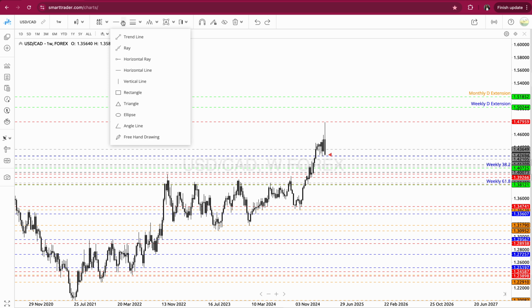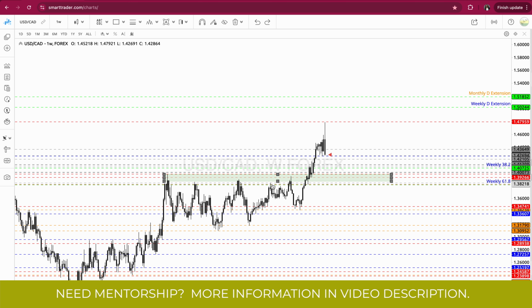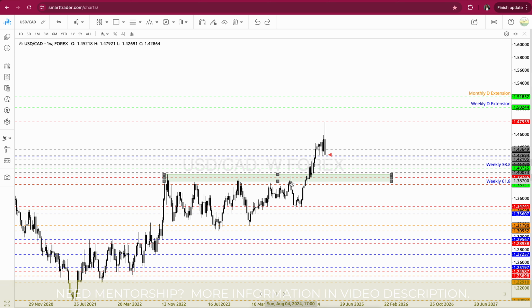So when I look back at this chart, I see that right in here, price proved to be a solid area of resistance. We have resistance back in 22 here. We had resistance in the zone in 23, resistance again in 23, resistance again in the zone in 24, resistance again in 24. And now we've broken through that level.